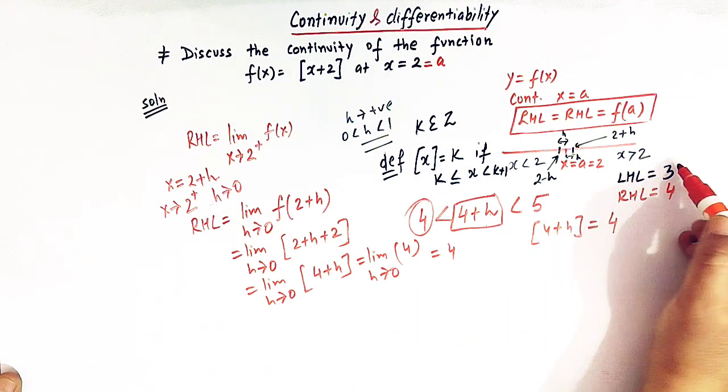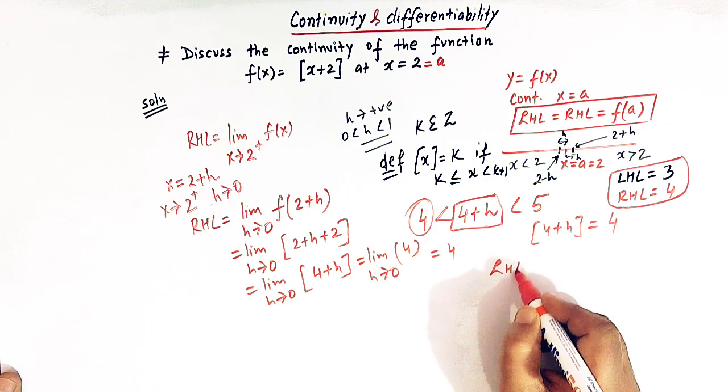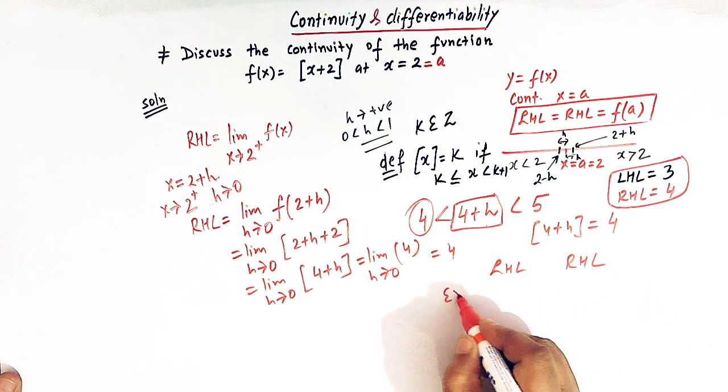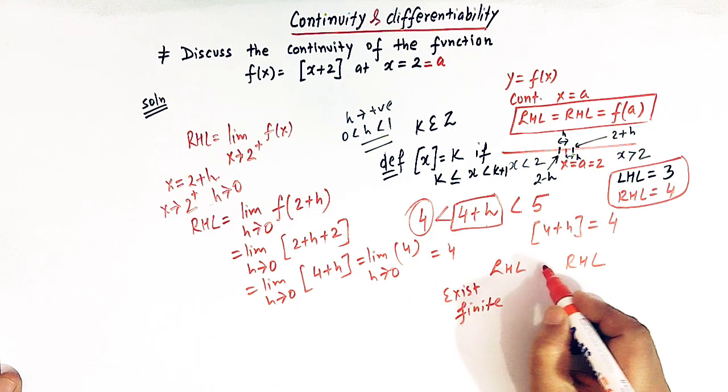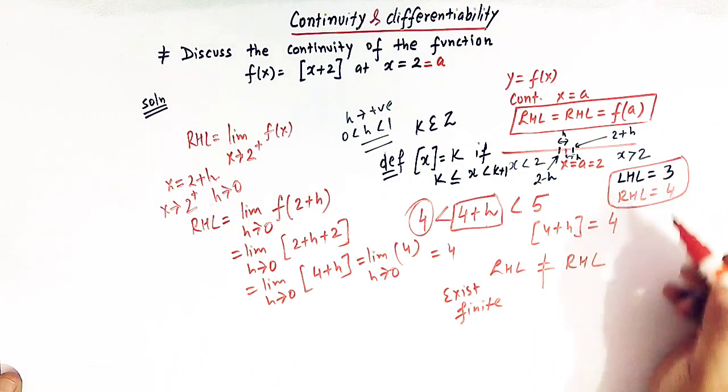Now we can easily see that although the left hand limit and right hand limit both exist and both are finite, right, the two limits are not equal to each other.